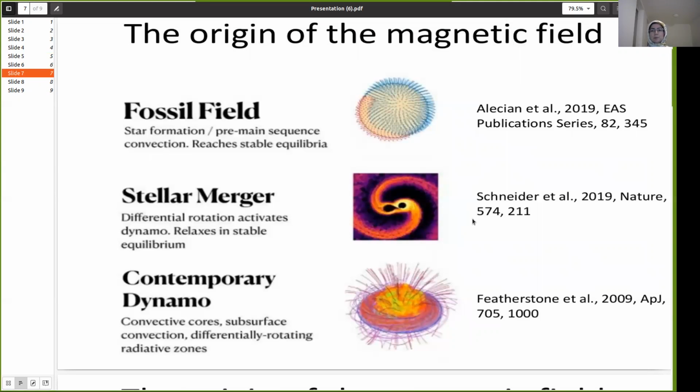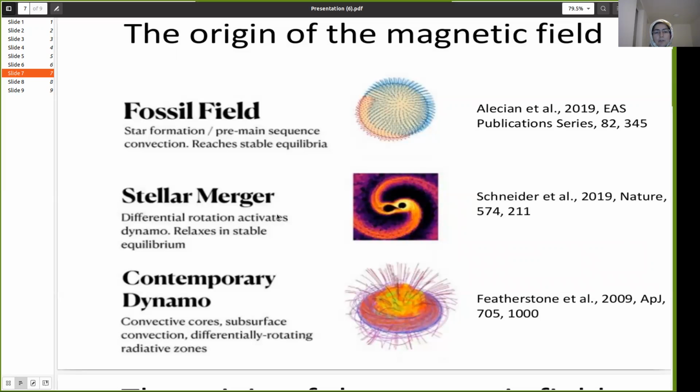And for CP stars, what makes the magnetic field? We have three theories. The first one is the fossil field. We consider that we have a molecular cloud, and the molecular cloud rotates and makes the magnetic field, and it spreads the magnetic field to a star, for example a CP star, and then the CP star will have the magnetic field.